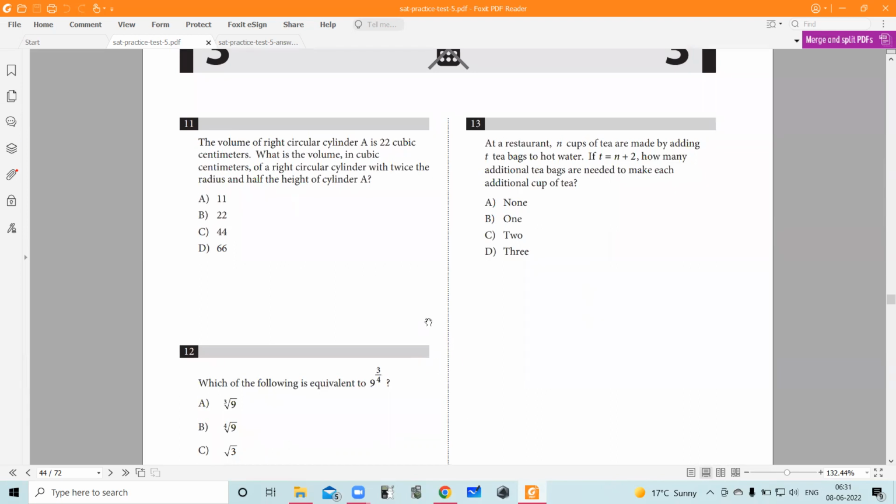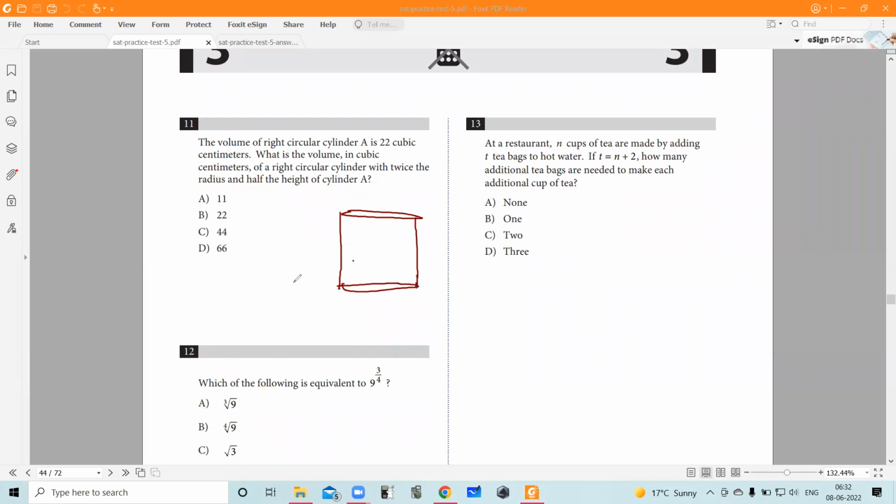Okay, since you're having the formulas for cylinders, circles and everything given in the SAT, there might be some questions related to that formula. So they're telling you the volume of the right circular cylinder. Right circular cylinder means it's a straight cylinder.